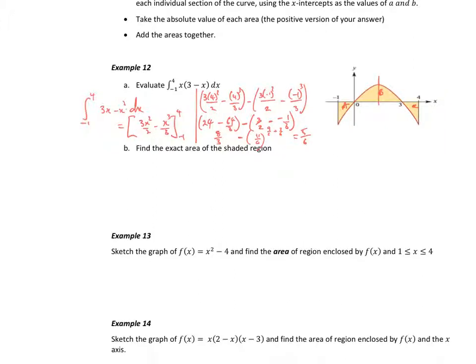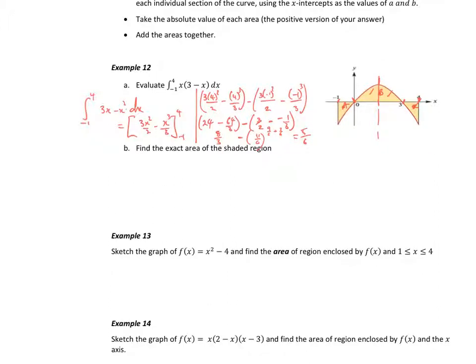Since that's my turning point there, I know that this area here and that area there are the same, because our turning point also has our line of symmetry, doesn't it? Which means that area there, which is a distance of 1 from my x-intercept, is the same as this area here, which is also a distance of 1.